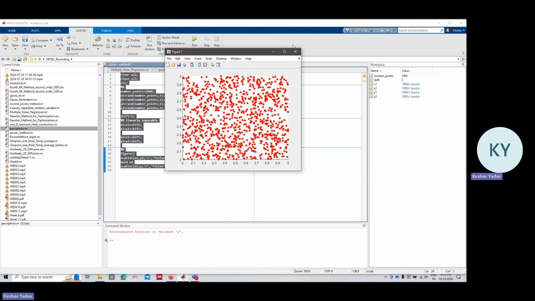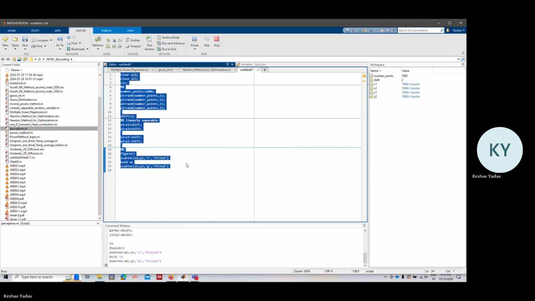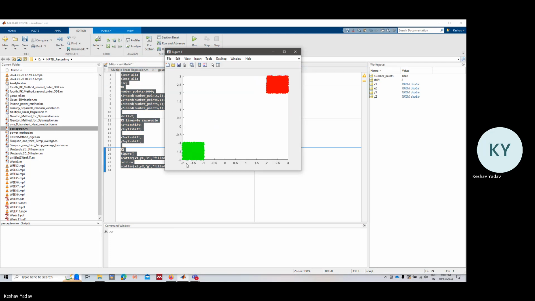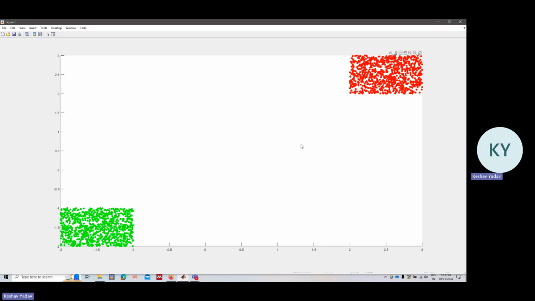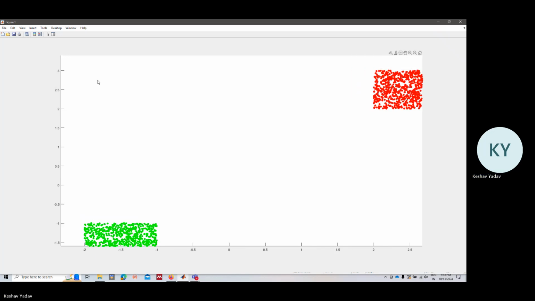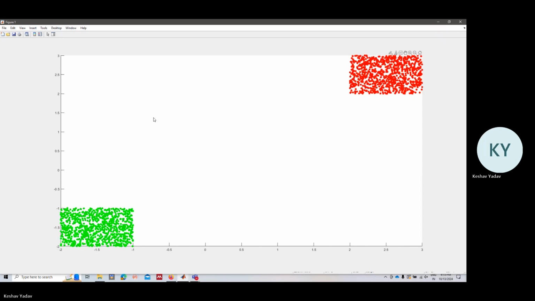Okay, so I have plotted these. These are my random numbers. So they are linearly separated, no? This belongs in this section, this belongs in this section.